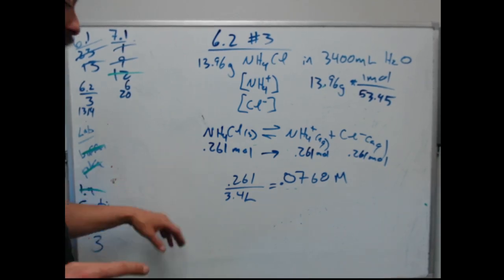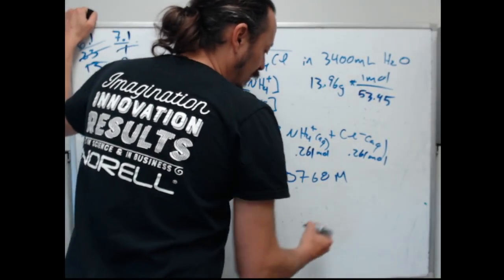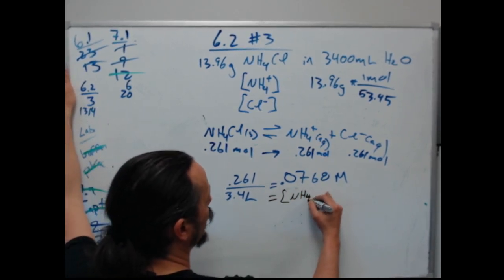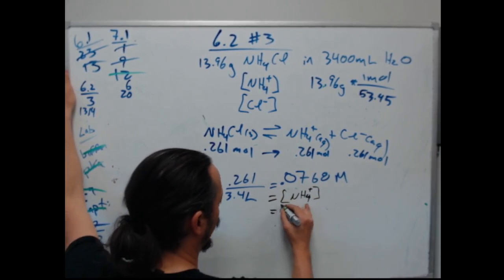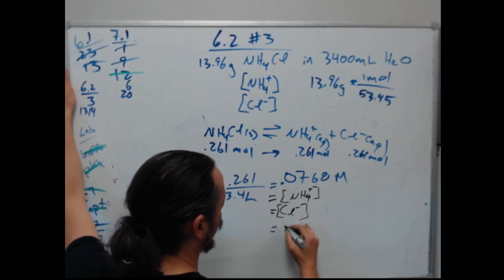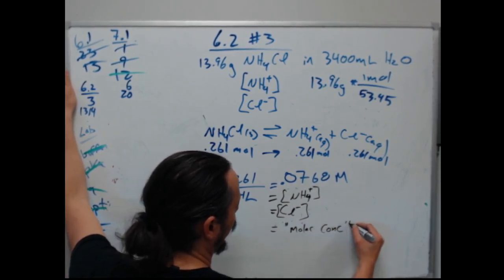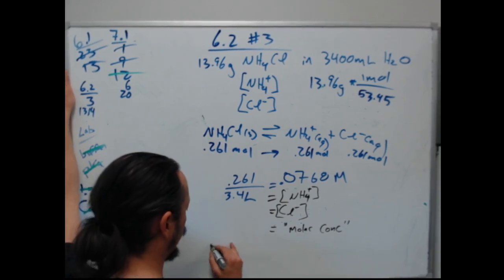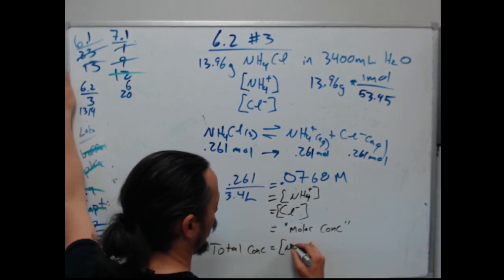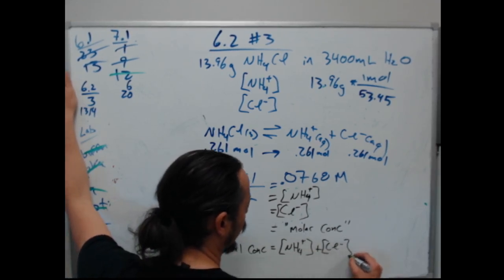For the 1-to-1 mole ratio, it's pretty easy to see that this 0.0768 is going to be equal to the NH4 plus concentration, equal to the Cl minus concentration, and then the total concentration is just going to be the concentration of NH4 plus the concentration of Cl minus.